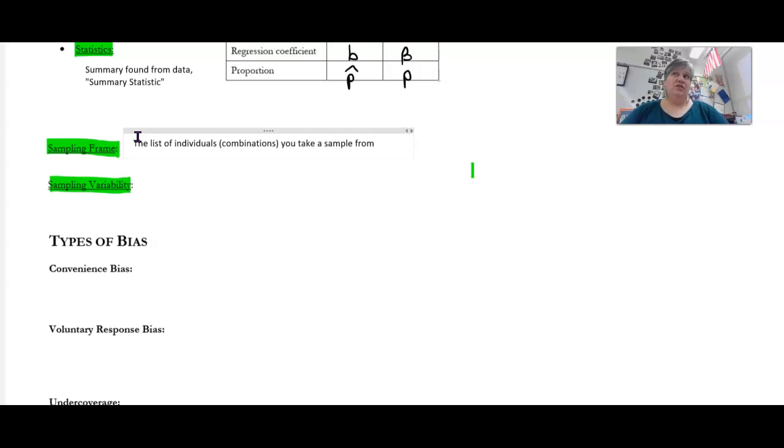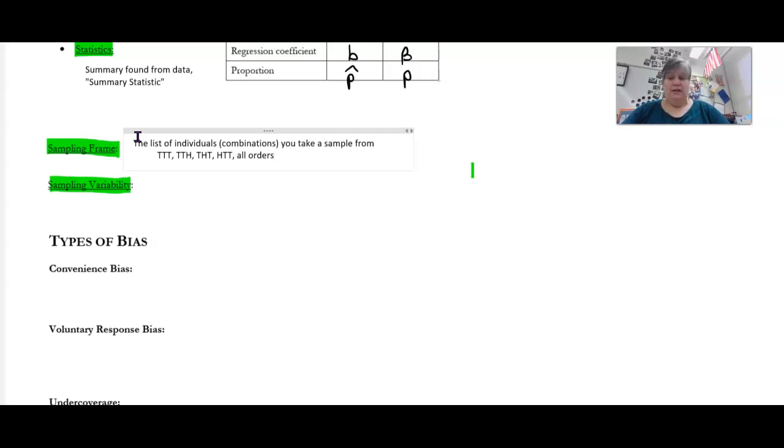So if it asks you to find the sampling frame of flipping 3 coins, and it asks you to list it, it would be something like tails, tails, tails; tails, tails, heads; tails, heads, tails. So you're writing them in order. That would be the sampling frame if it asks you to list it.